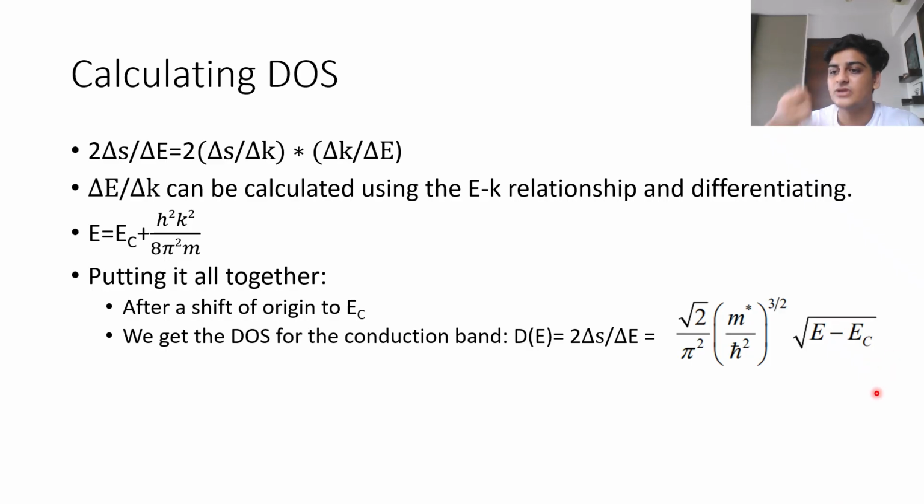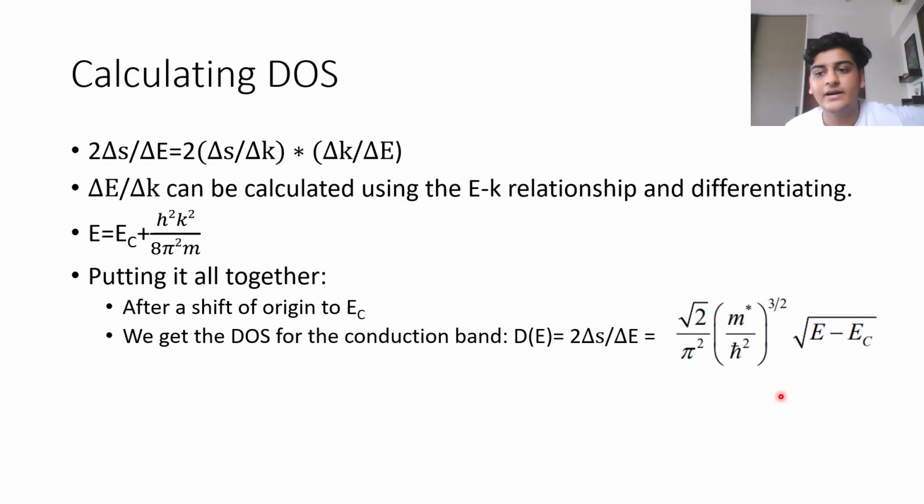But when you don't have the origin of your energy at the conduction band, and you have your origin somewhere else, you need to have this shift of origin with respect to the lowest point of the conduction band. So we have a shift of origin to EC, where EC is the lowest point of the conduction band, and therefore we get the complete density of states for the conduction band, which is this whole expression.